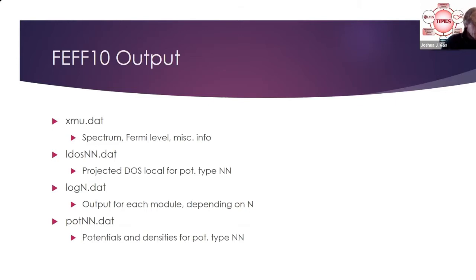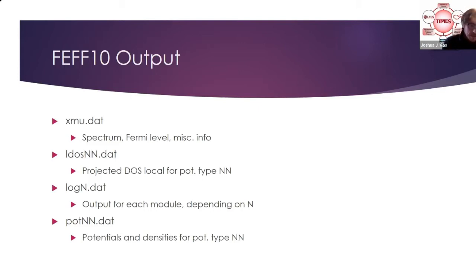As John showed before, there's a lot of correspondence between the angular momentum projected density of states and Zanes. And so you also have output. If you ask for LDOS, then it will give you output in ldosNN.dat, which gives you the projected DOS, the local DOS, for the potential type NN, which I'll describe later.